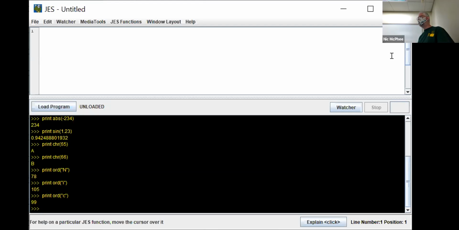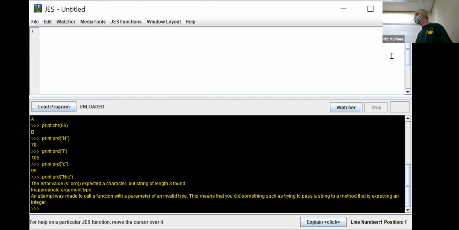Questions? So ORD and CHR allow us to move back and forth between the numeric representation and the ASCII representation. One thing that doesn't work that you might think might work is that maybe if I did print ORD of the string Nick, it would give me those 3 numbers without me having to do 3 different calls.